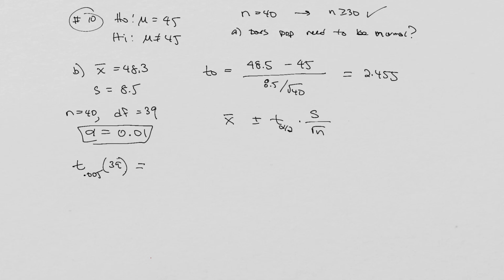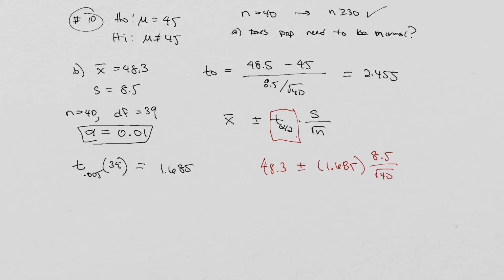If you look that up on your charts, you get 1.685. So that's what this t-score is going to be. We can build our confidence interval like this: x bar plus or minus that t-score times s over the square root of n.